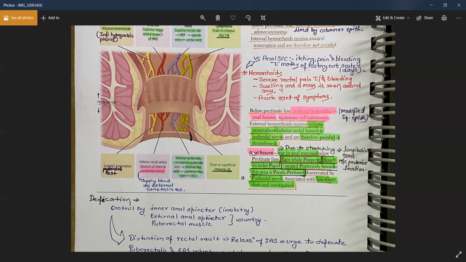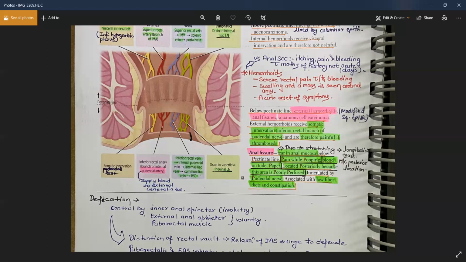So in a scenario where the patient is straining or increasing the pressure, the posterior part will become ischemic first. Think like a watershed area. So the posterior part will be damaged first, and so anal fissures mostly happen in the posterior location.